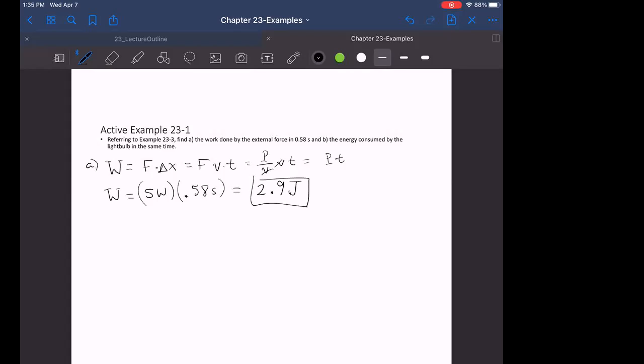The energy consumed by the light bulb in the same time. Well, the energy consumed by it is what? P equals voltage times current, right?